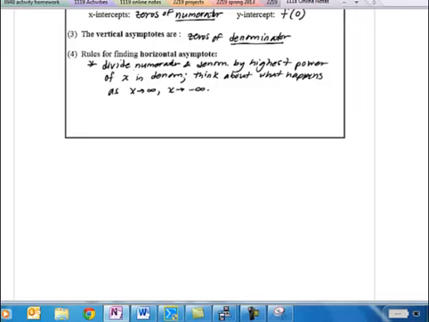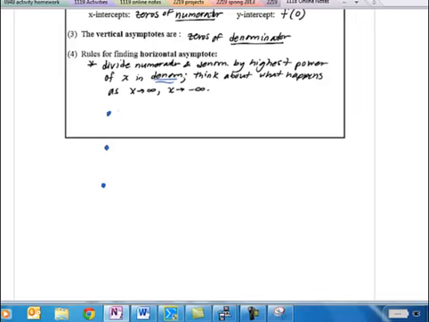To go through the work and show an algebraic proof of why a particular horizontal asymptote is the right one, this is what you want to do. Divide the numerator and the denominator by the highest power of x in the denominator, which is what we've done so far. But it's okay to use some general rules, some guidelines, and not go through that work every time.